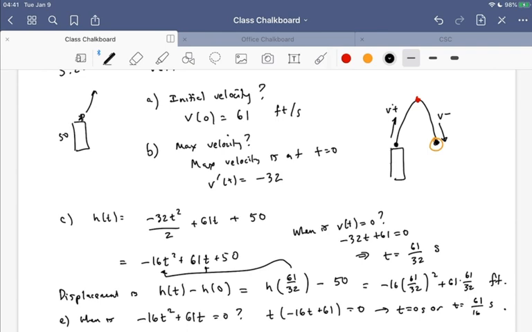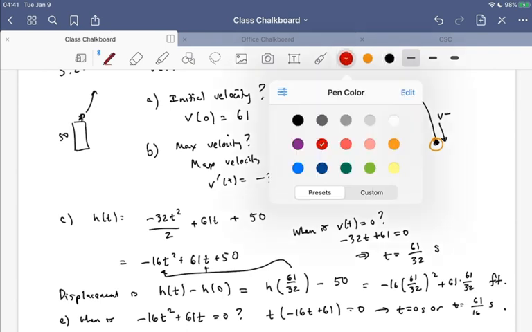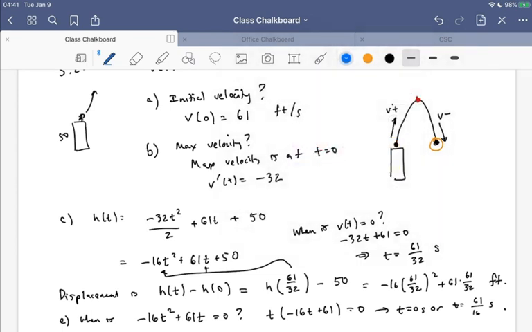And yeah. Now I should mention that maybe that should have been obvious because compare this with that. Does it make sense that the time at which it lands should be double the time that it takes to get to the peak?